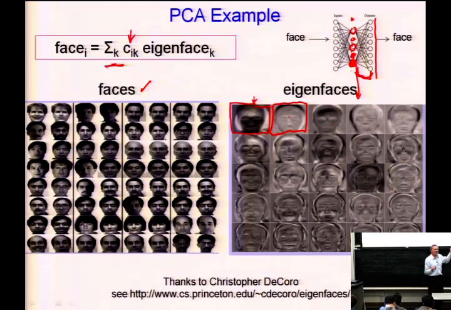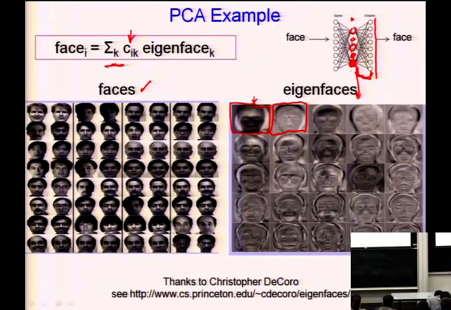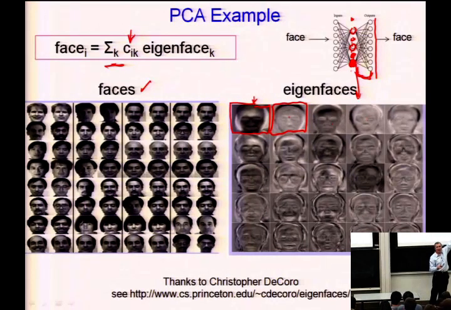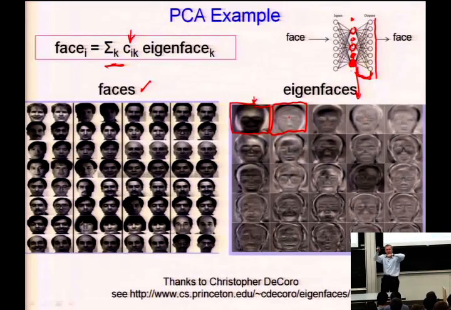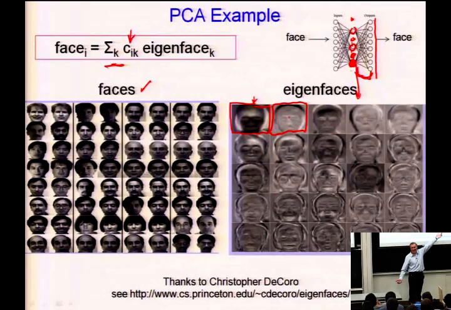Even though these are probably 100 by 100 images, which would mean 10,000 dimensional images, we can get a pretty good reconstruction, and I'll show you on the next slide how good, of any of those images if we just represent it only in terms of 25 components and use these 25 weight matrices to explode the 25 numbers back into the image by taking a weighted linear combination of these eigenfaces.